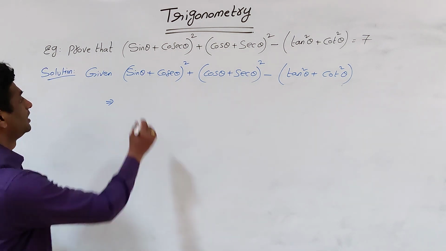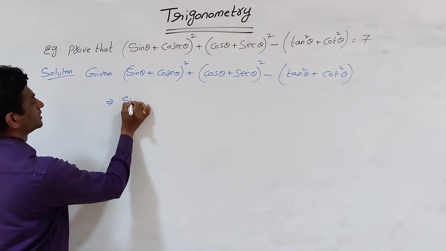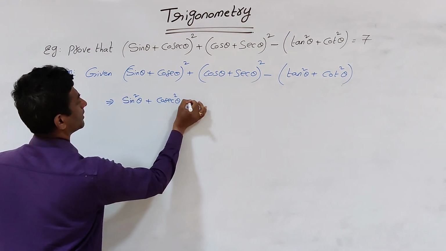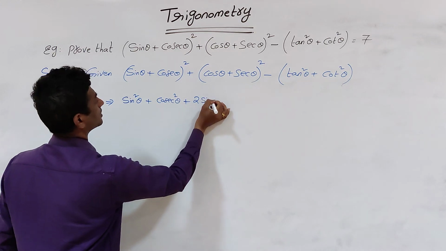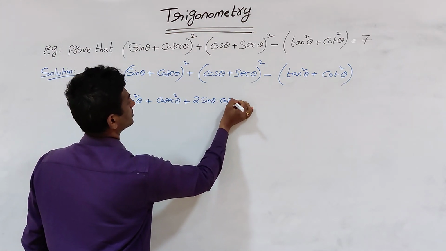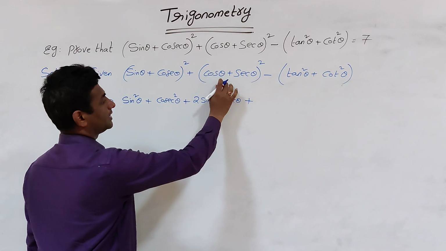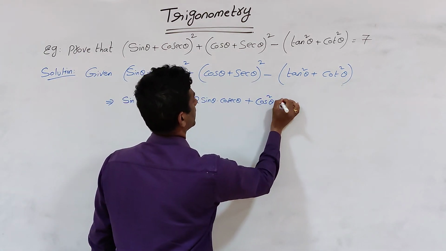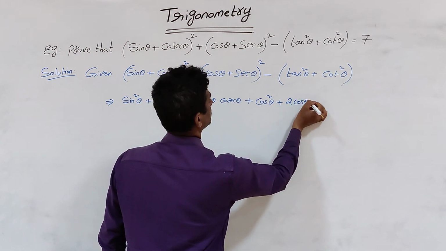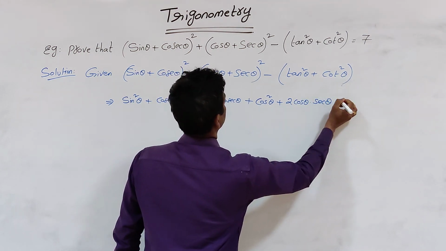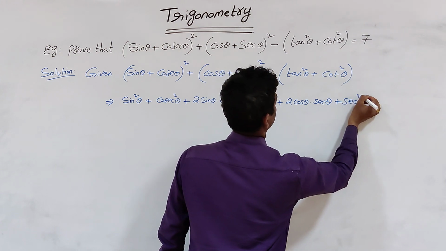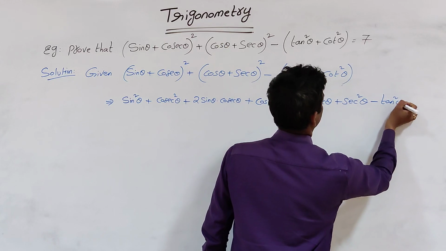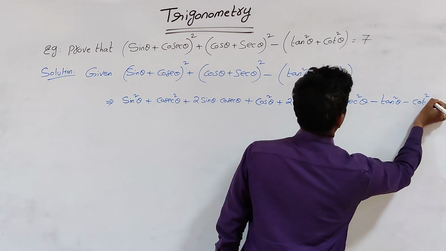In the same way, if we expand it: sin square theta plus cosecant square theta plus 2 sin theta into cosecant theta, plus, again in the same format, cos square theta plus 2 cos theta into secant theta plus secant square theta, minus tan square theta minus cot square theta.